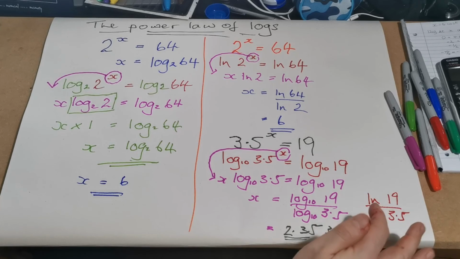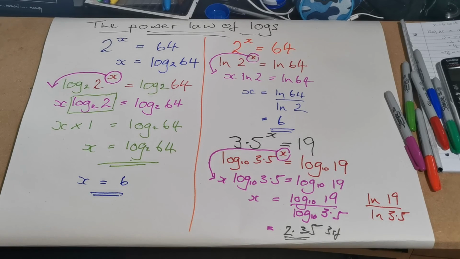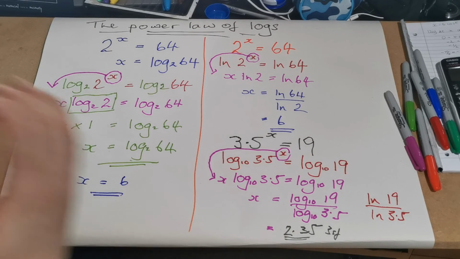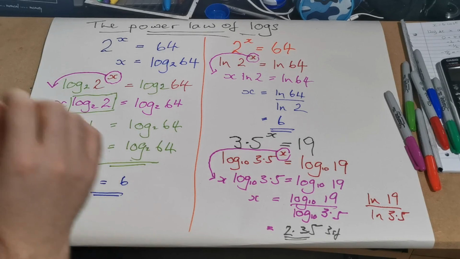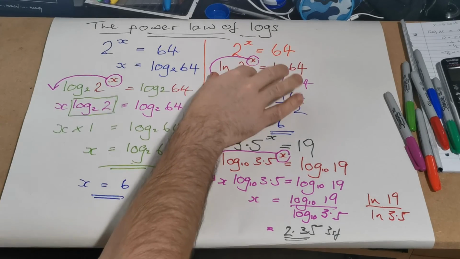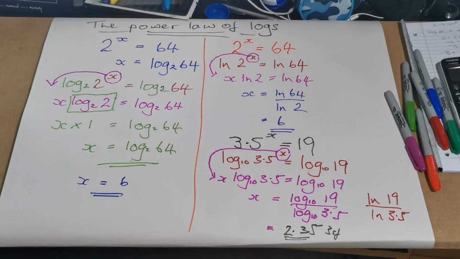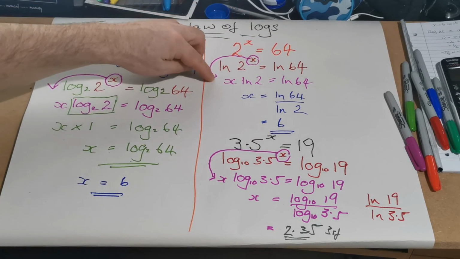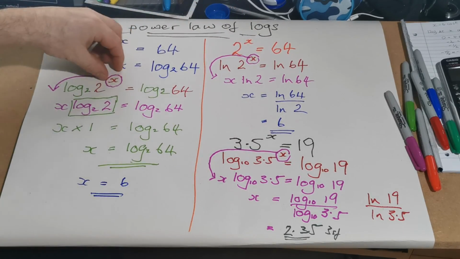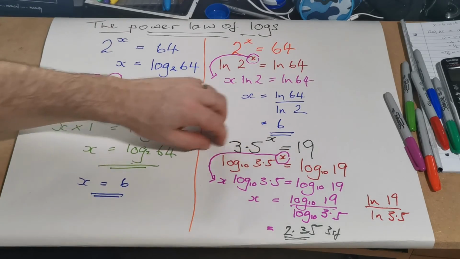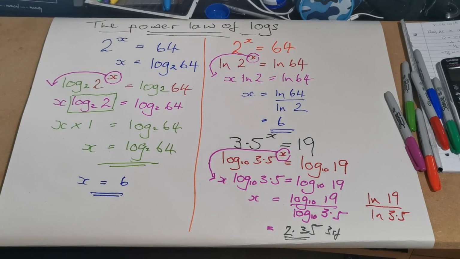So ln 19 divided by ln 3.5 will give you the answer. But the important rule is here that if you take a log of a value, then this power can come down and multiply at the beginning. And I've used that every single time. And that's really, really useful.